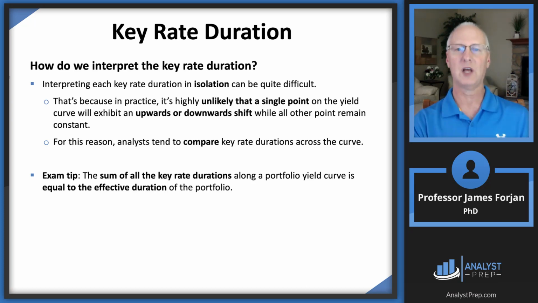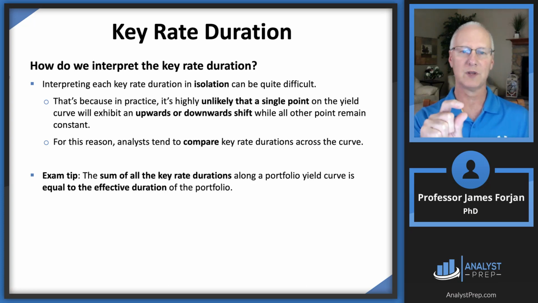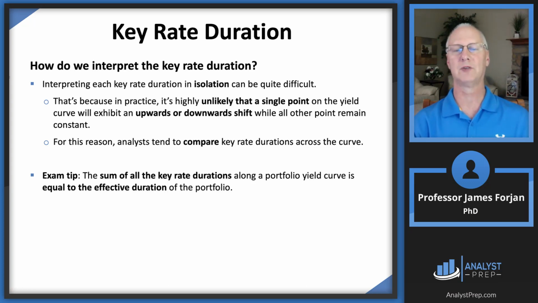However, the reason that this is so important is that one key exposure, that one shift, allows us to begin the process of seeing even more complex changes. And it allows us to compare the key rate durations across the curve.